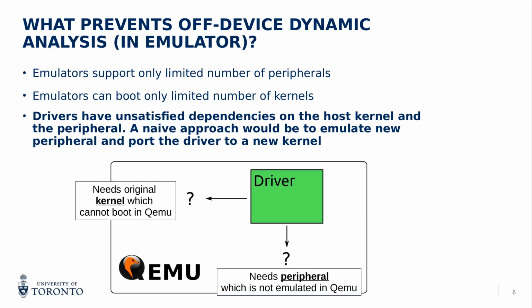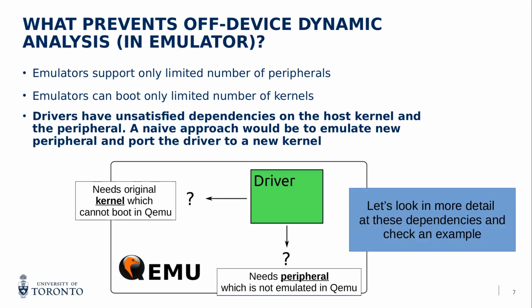But at the same time, very few hardware-specific kernels can boot inside emulators for the very same reason. They expect some specific hardware to be present. This means that the straightforward approach would be to emulate new peripheral and port the driver to a kernel that can boot in QEMU, which is a lot of effort for every new driver and doesn't really sound too promising.